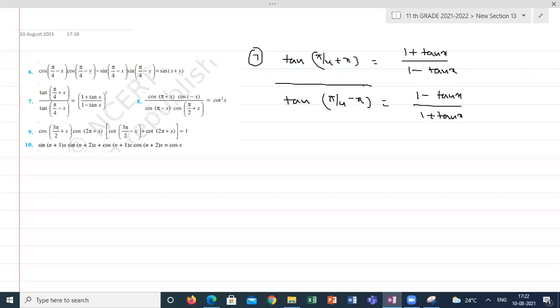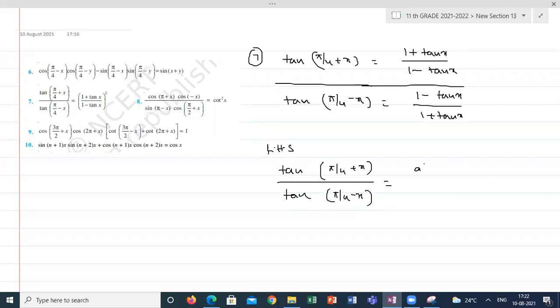The question is asking us to take the ratio of these two. So on LHS, it will be tan(pi/4 plus x) divided by tan(pi/4 minus x). This looks like a fraction in the numerator and another fraction.